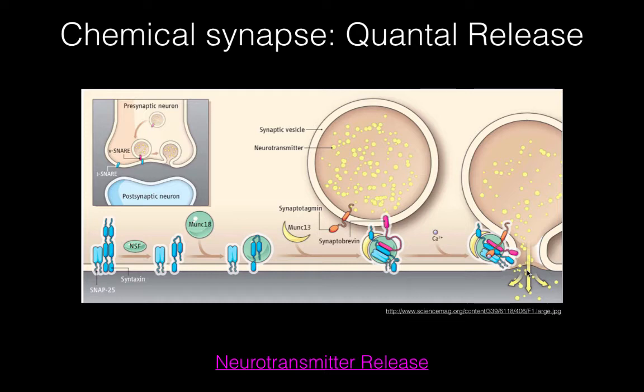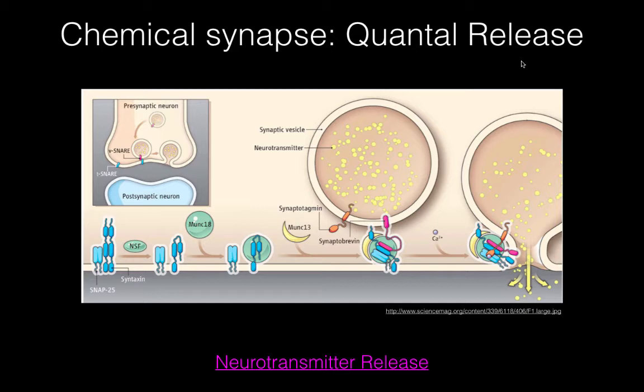Now, every vesicle in a presynaptic terminal is going to have the same amount of neurotransmitter. So thousands, tens of thousands of neurotransmitter molecules are going to be in discrete units. These discrete units are contained in the vesicles. This is what we know as quantal release.